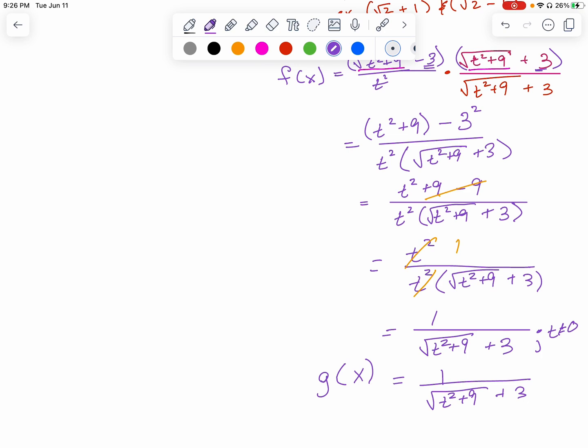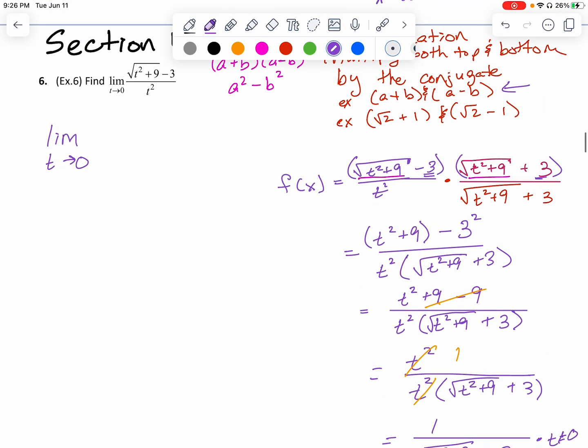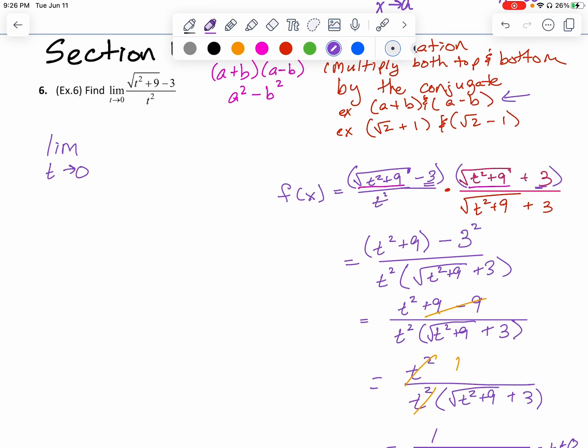So now I have my g of x: the limit as t goes to 0 of 1 over the square root of t squared plus 9, plus 3.